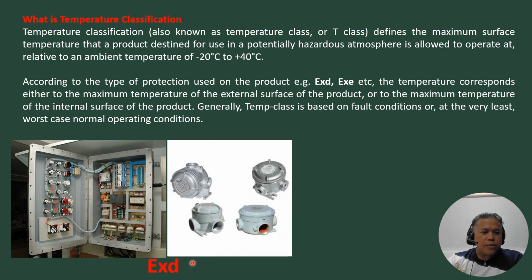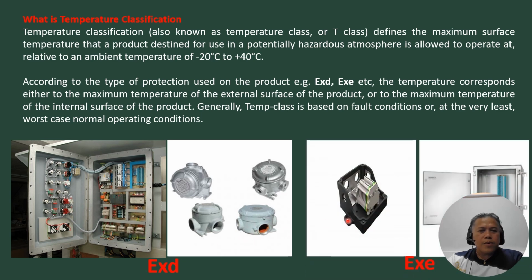This is the example of Ex d, and then this is the example of our Ex e. So you can see the differences between Ex d and Ex e. Okay, so it's very clear how to see the differences in the surface of the equipment, the enclosure of the equipment.